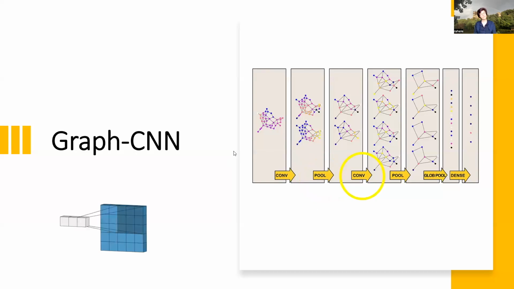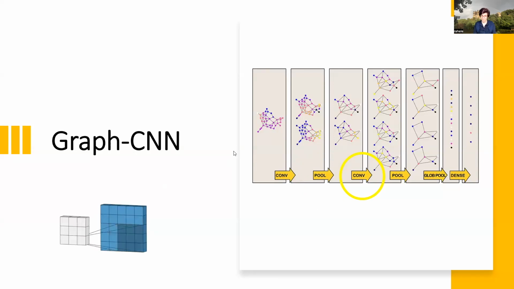However, the difficult part is convolution. How can I apply convolution on a graph? Well, if I talk about the convolution on an image, we had a smaller image or kernel. It was translating, so I could move it, and then I would convolve its values with my original image. However, for a graph, I don't have any translation.